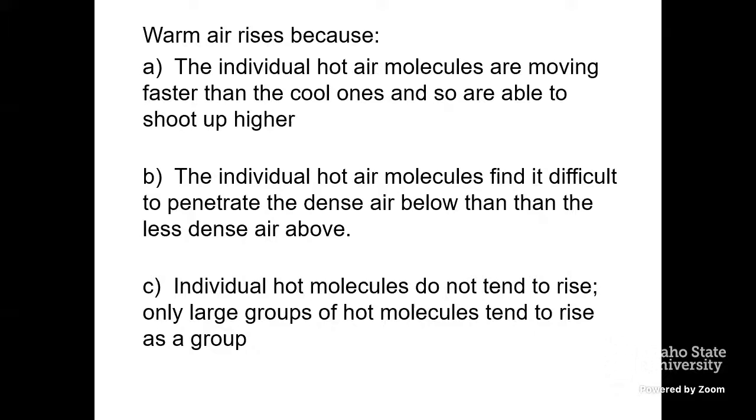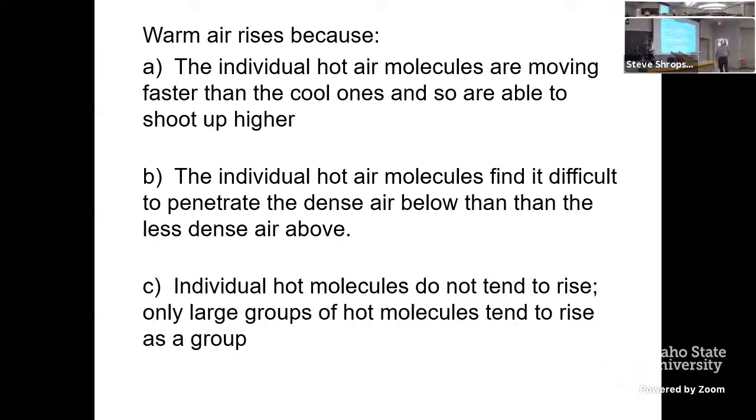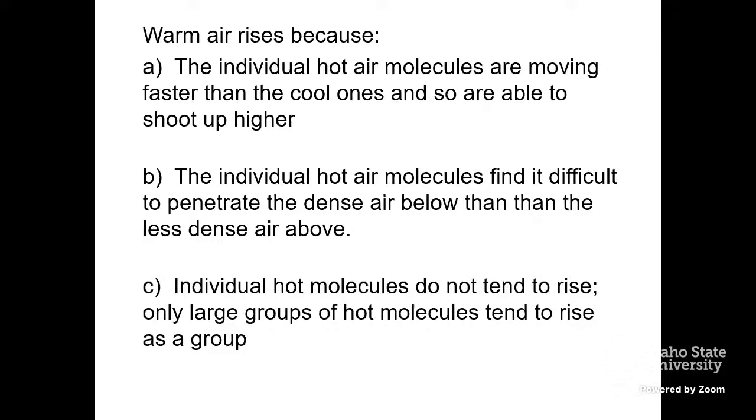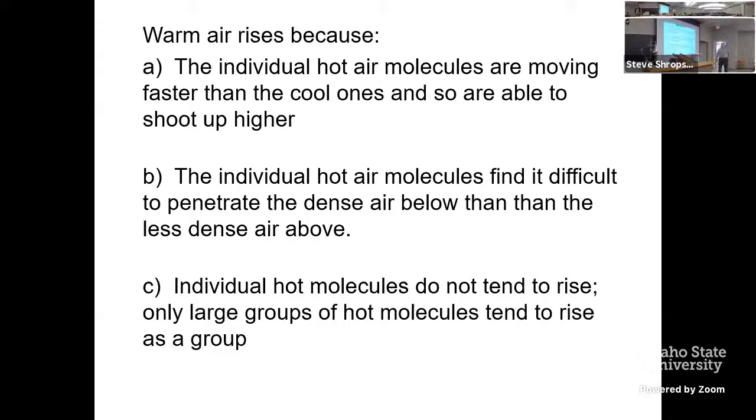So I chose B because when air gets hotter, it gets less dense, which causes it to travel upward. And so that's basically why warm air rises. Well, I don't see why that distinguishes B and C. Are you defending C? I was defending B. Okay.